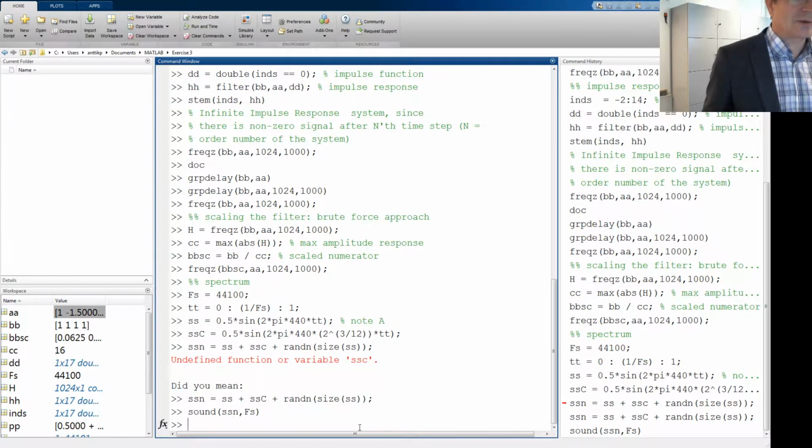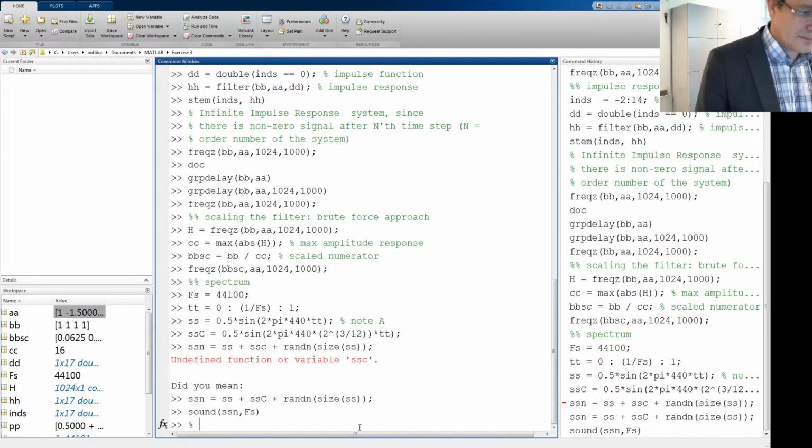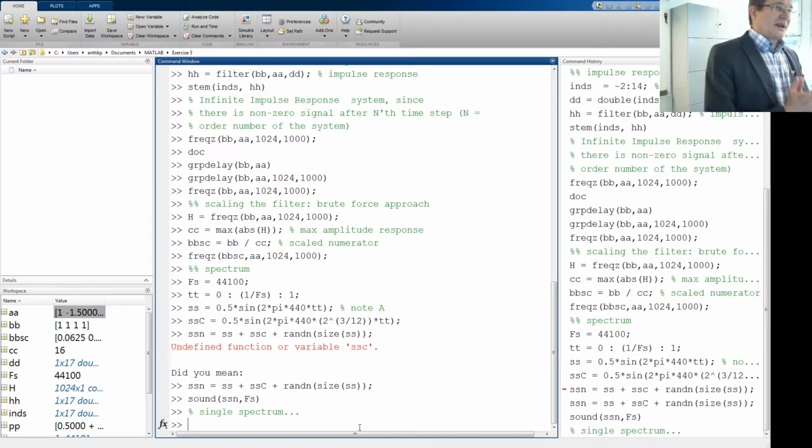Okay, well, there are two ways to look at it: spectrum and spectrogram. Let's do the spectrum first, a single spectrum, meaning that first you have to set up the point of interest.